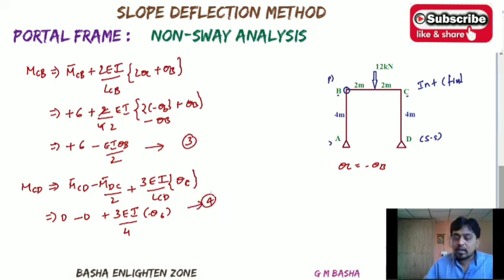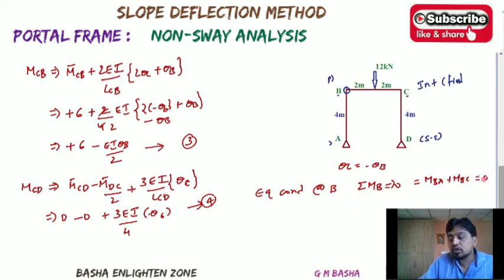After obtaining this, again find out the equilibrium condition at B. For that, sigma MB will be equal to 0, that is MBA plus MBC equal to 0, and again the equilibrium condition at C. For that, sigma MC will become 0, that is MCB plus MCD equal to 0.